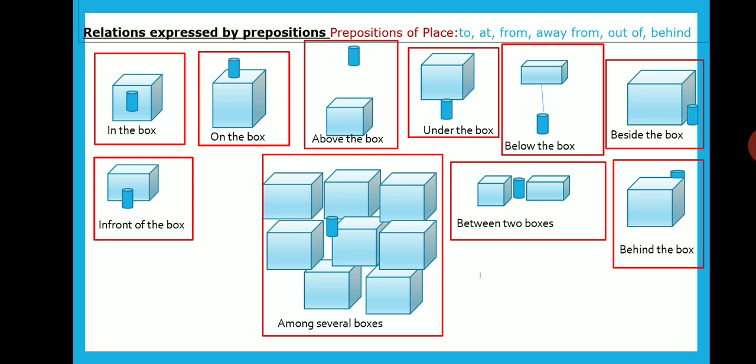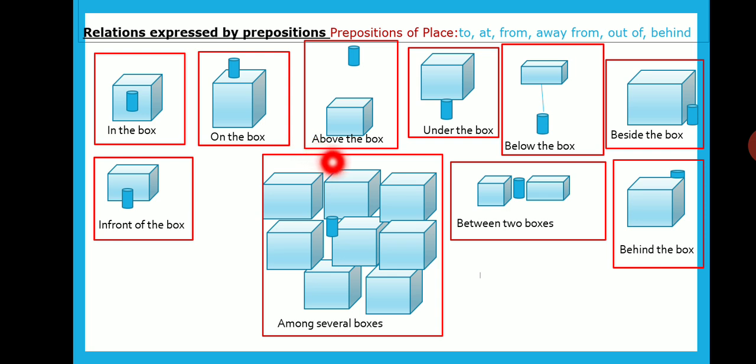In the box. The can is in the box. Now in the second figure, I have kept the can on the box. Where is the can? The can is on the box. I hope it is clear for you. So when do you use the preposition on? When it is on top of the box.